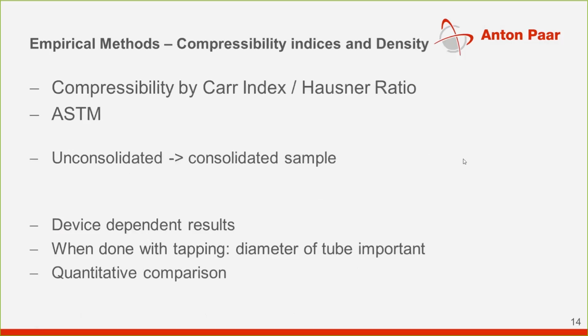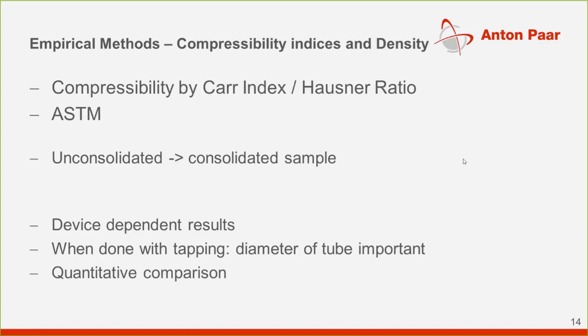Some different measurements that are used quite a lot as well are compressibility indices. There are basically two main indices that are used for this, which are the Carr index and the Hausner ratio. This is in ASTM standards, this is in the pharmacopoeia, and so on.